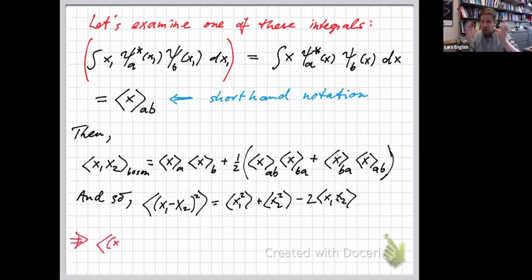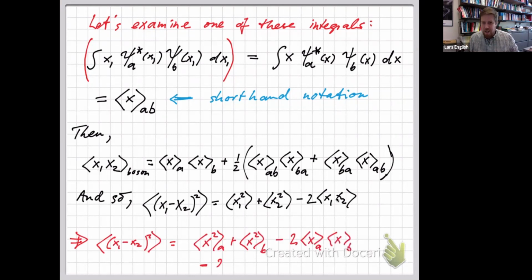So let's collect all the information together into one, okay? Basically, we already know this, that's going to be that, but then here, okay, well, we get these two contributions.